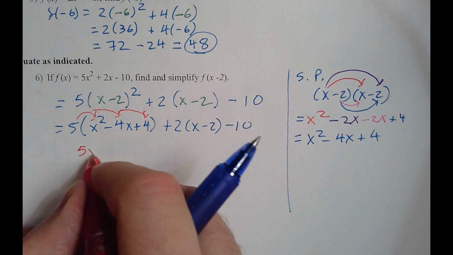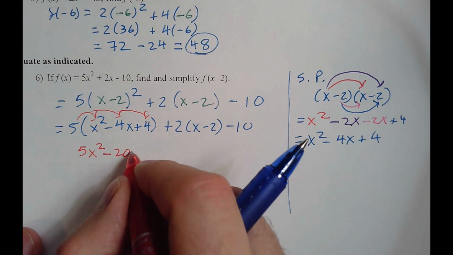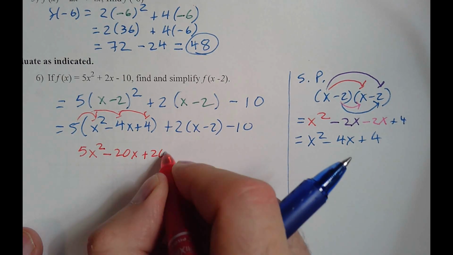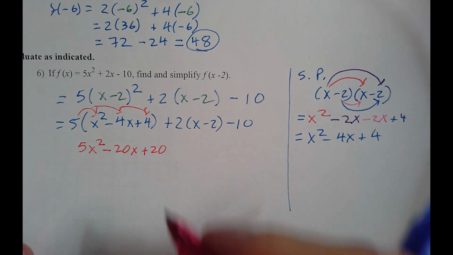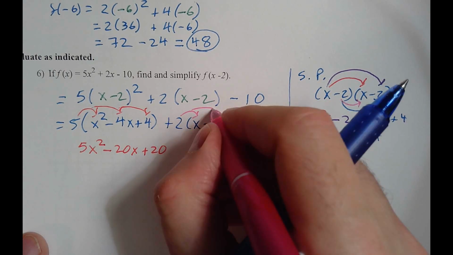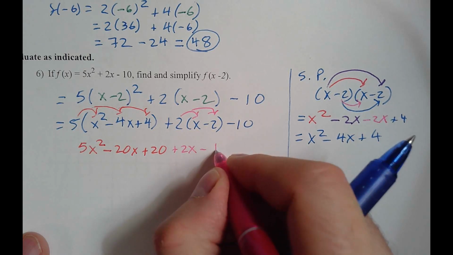So it goes 5x squared minus 20x plus 20. Going to distribute the 2 here to both terms. So that'd be 2x minus 4.